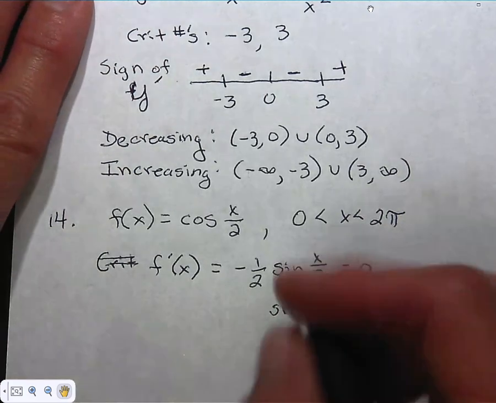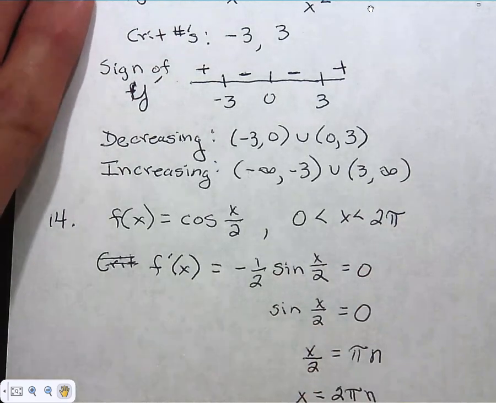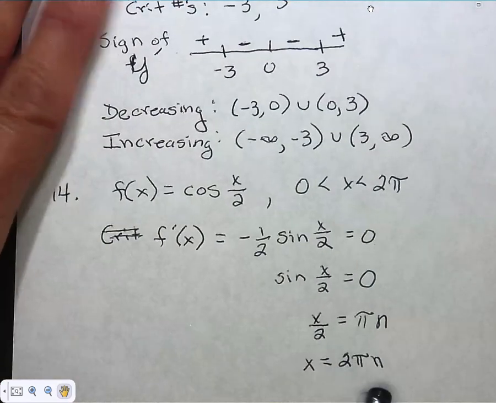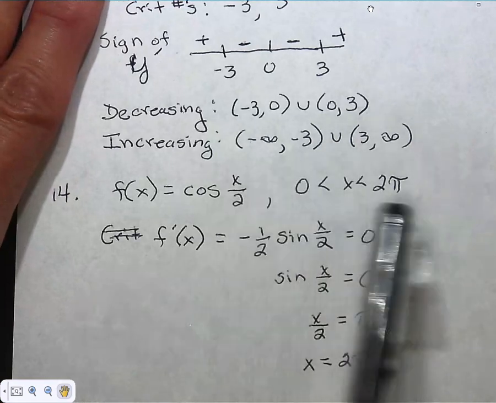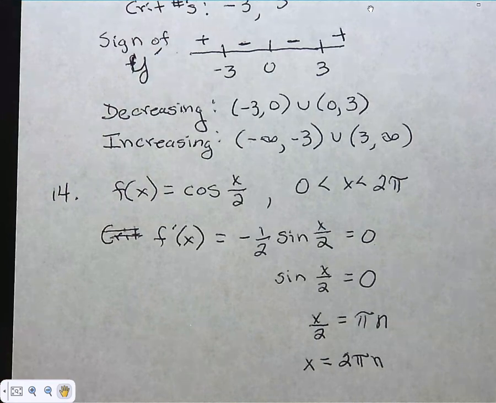Now we can multiply both sides by 2 and say x is 2 pi n. Are there any values of n that give us answers between 0 and 2 pi, not including 0 and 2 pi? Smallest thing n could be is 0, and then x would be 0, but this says don't include 0.